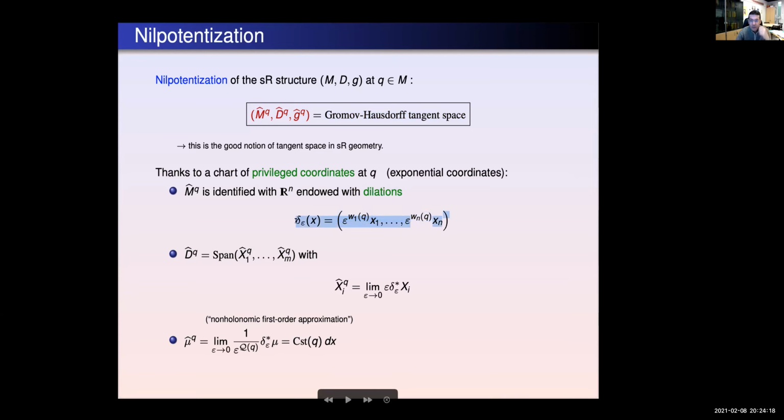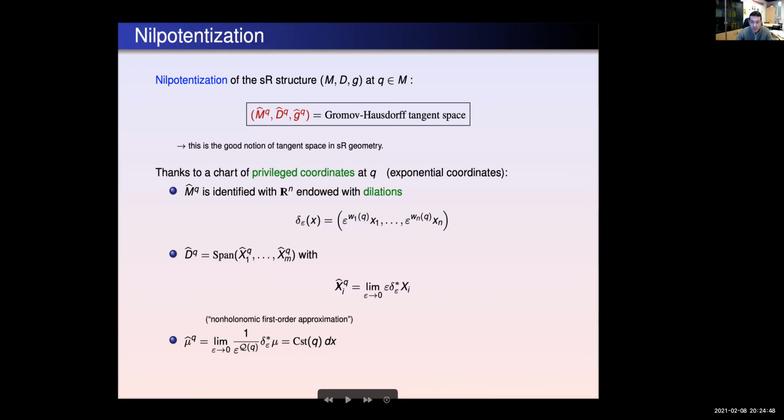The dilations are kind of homotheties, but in which the homothety is different for each coordinate. You can see that the homothetic factor is nothing else but epsilon to the power of the sub-Riemannian weight. These are the dilations. So the nilpotentization is this structure, which is Rn endowed with the family of dilations.